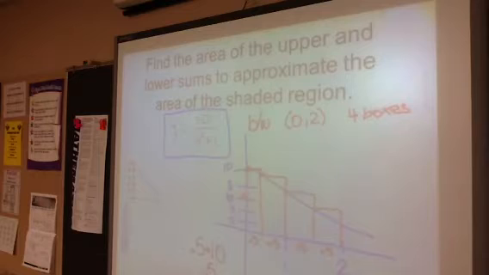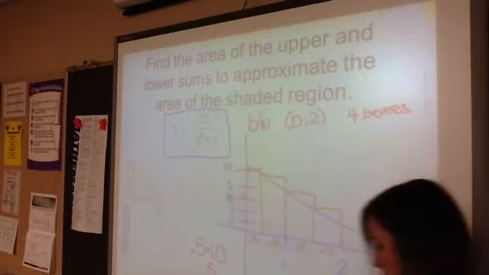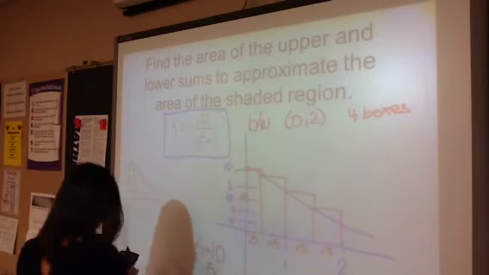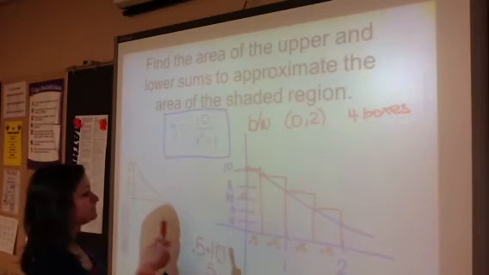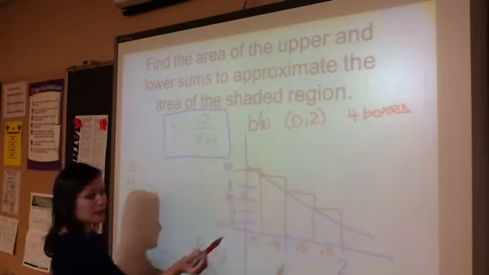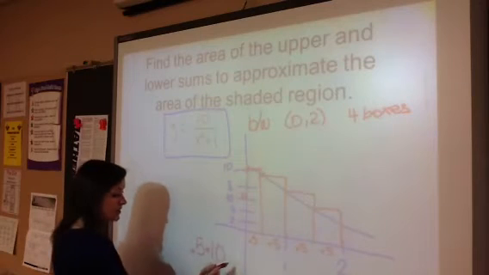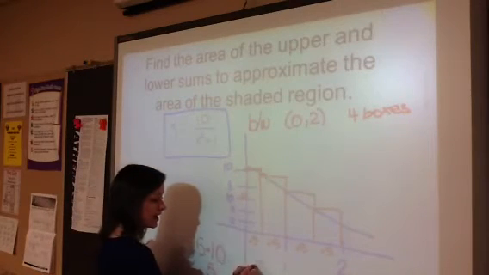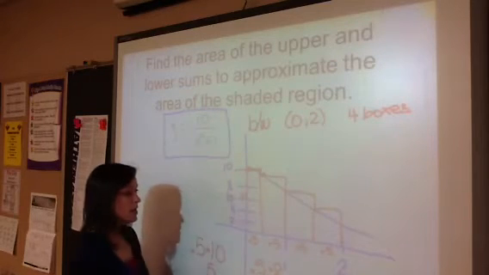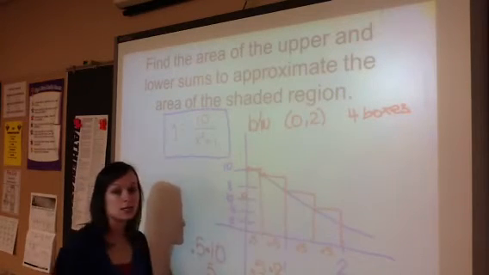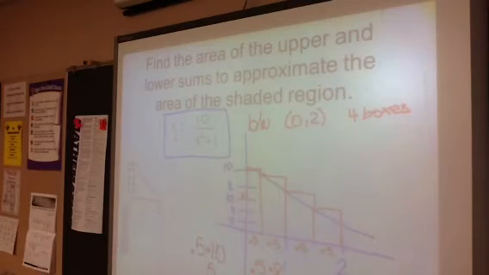So if we plug in 0.5 for x, you will get, which if you can tell by my graph doesn't look appropriate, but anyways. So we're going to have 0.5 times 8 for our second box, which is 4 units. So the area of our second box is 4 units.